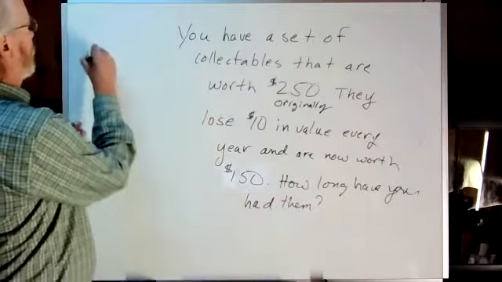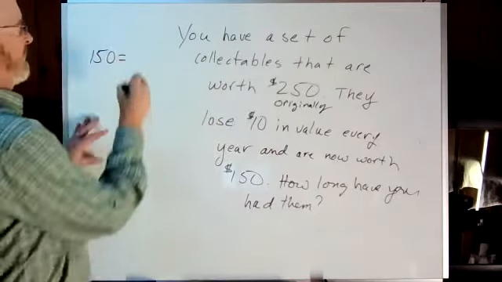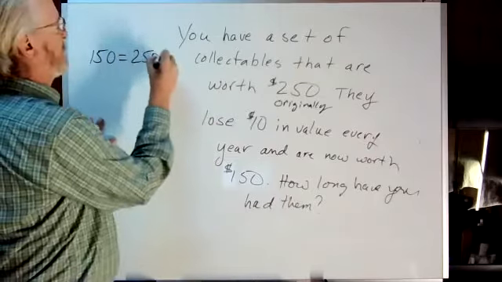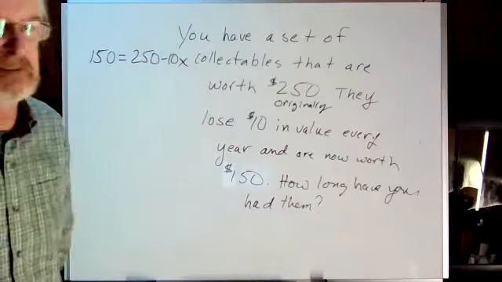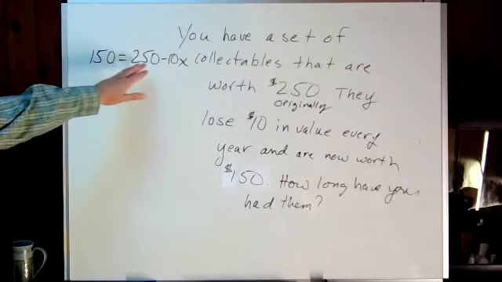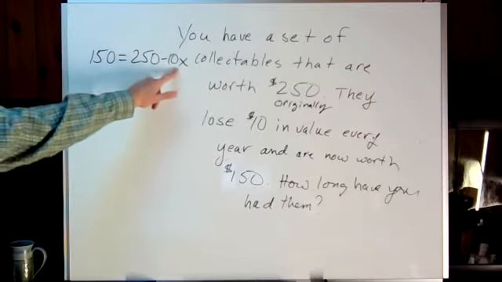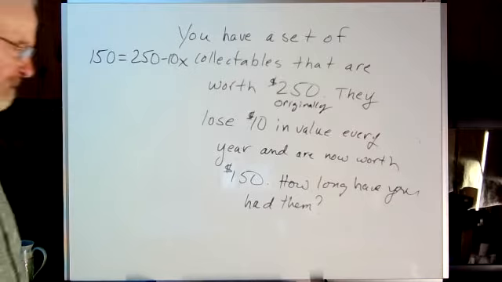Final value is the 150. And that's the result of the starting value minus $10 for every year. Squeeze that in there, see if that makes sense. This value I have now is the result of starting minus this depreciation amount, right? Goes down a little bit every year. Some things do that.